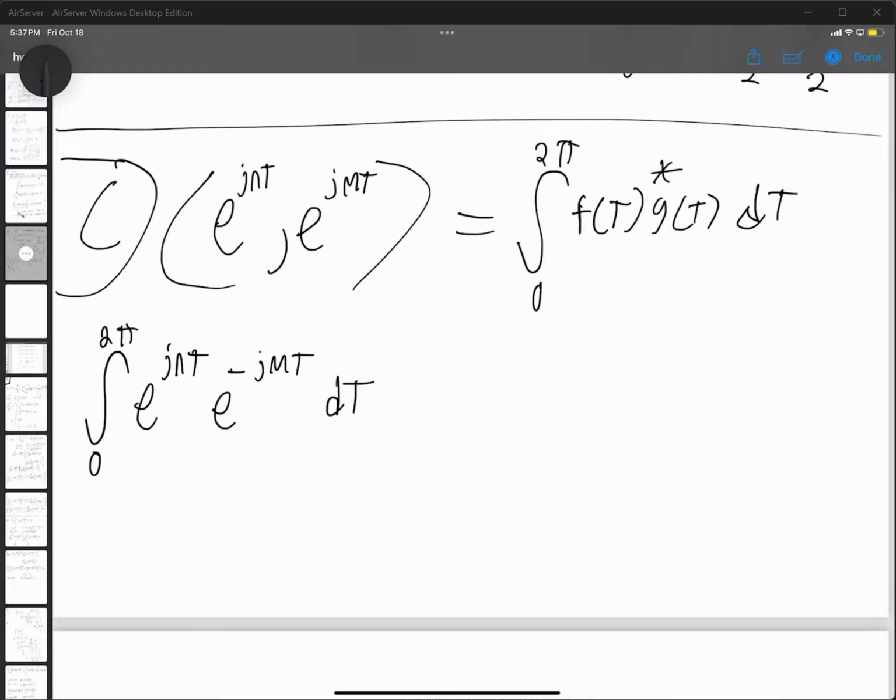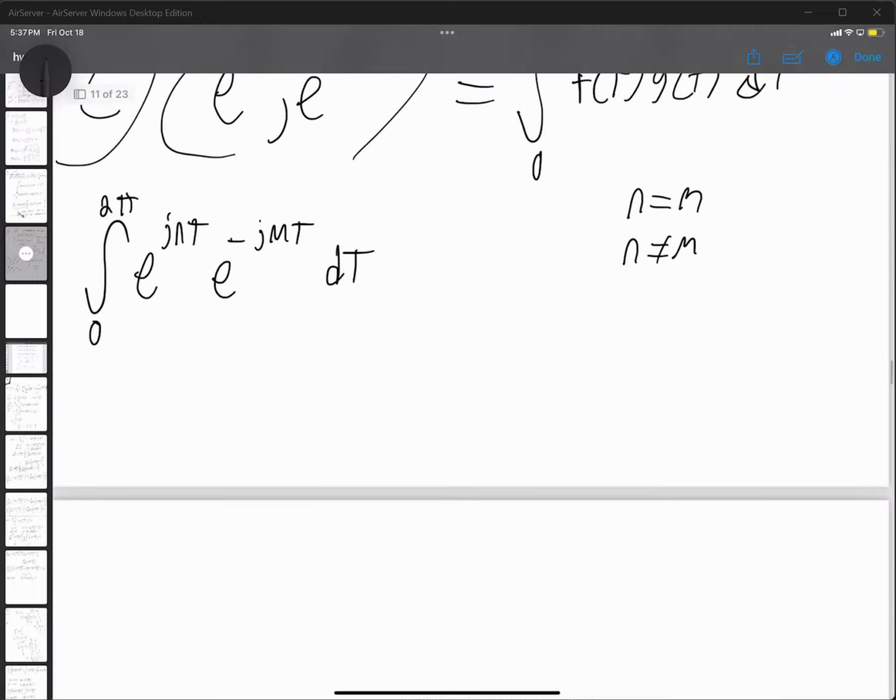Okay, so we need to look at those cases again. We have a case where they're equal and where n is not equal to m. So when they are equal, it'll be e to the j n t, e to the negative j n t.